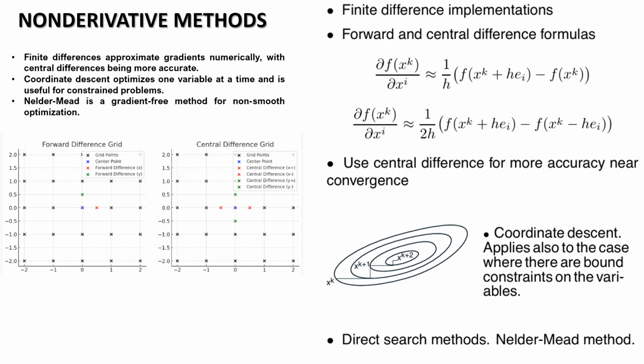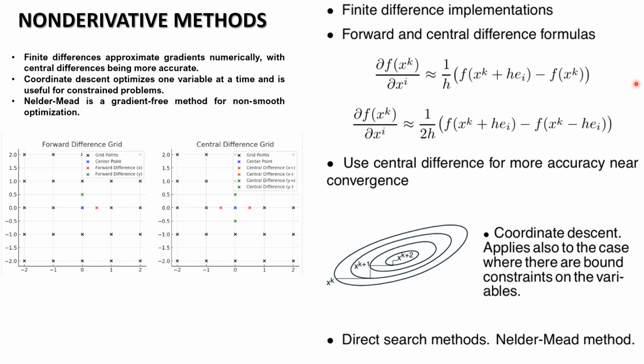Additionally, let's consider some so-called non-derivative methods. Here we can cover three major numerical optimization techniques in general: finite difference methods for approximated gradients, coordinate descent, and direct search methods, the so-called nonlinear methods.